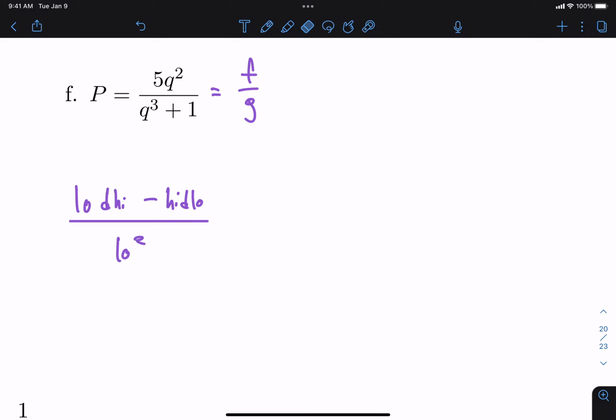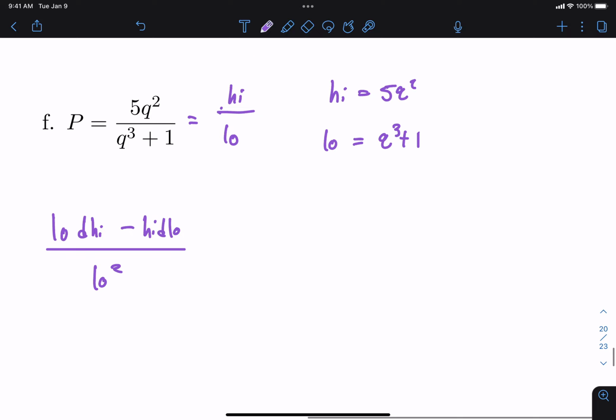So let's call the top high because it's on top and the bottom low. So our high is 5q squared and our low is q cubed plus 1. Now to figure out what d high is, I need to do the derivative of the top, which is done using the power rule. It becomes 10q.